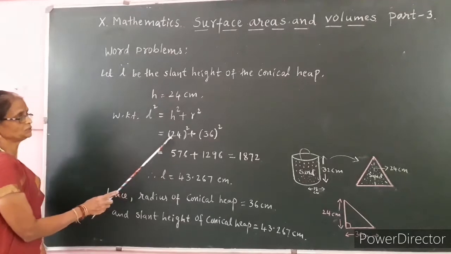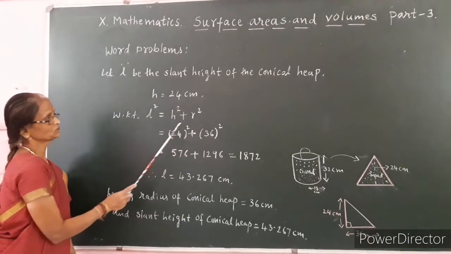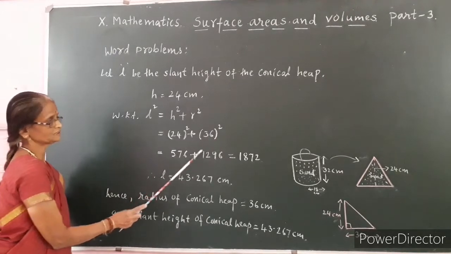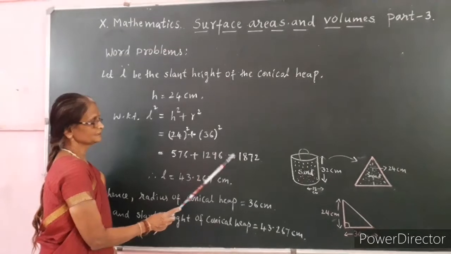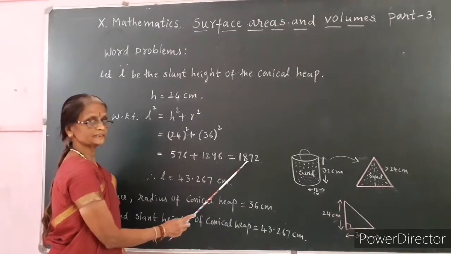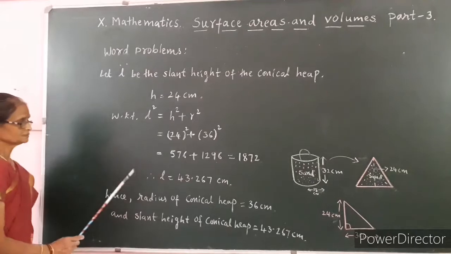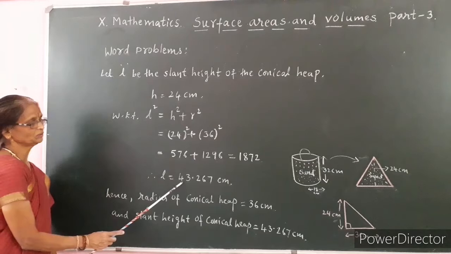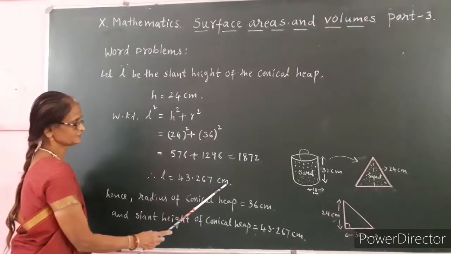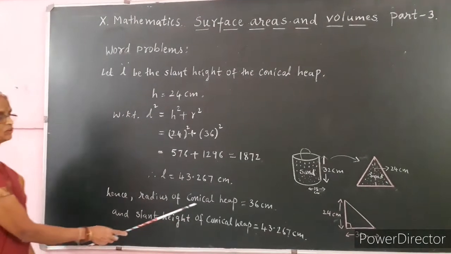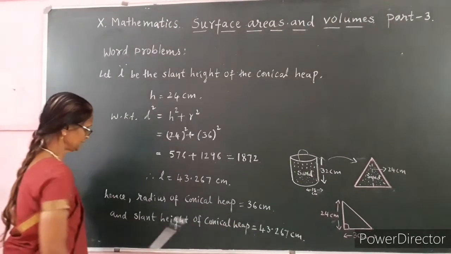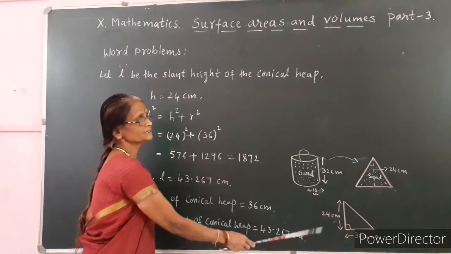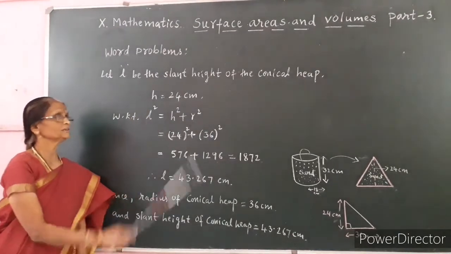Now substitute the values: H is 24 square plus R value is 36 square, 576 plus 1296. We have to add up, which will give 1872. Now find out the square root of 1872. Therefore L equals 43.267 centimeter. Hence radius of conical heap is 36 centimeter and slant height of the conical heap is 43.267 centimeter.